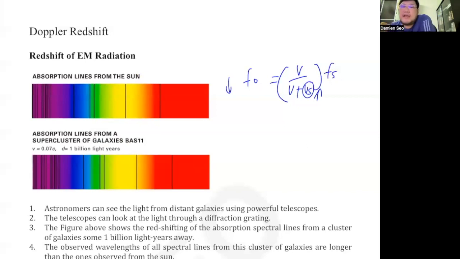In fact, in AS, they even give you this formula, which also seems to be the same formula they give you in the data sheet for your new syllabus as well. But this formula actually is not used for light. This is more general, like a car coming towards us, the sound that we hear. In your AS, we use this formula for light as well, for stars.